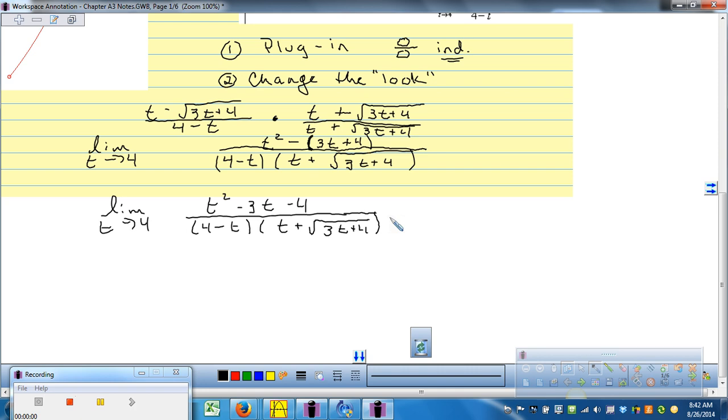Okay, what to do? Back to the top. See what we can do. Top factors to what? T minus 4 and t plus 1 over, and let's do our factoring here so we can do our canceling. What can I do to change 4 minus t?